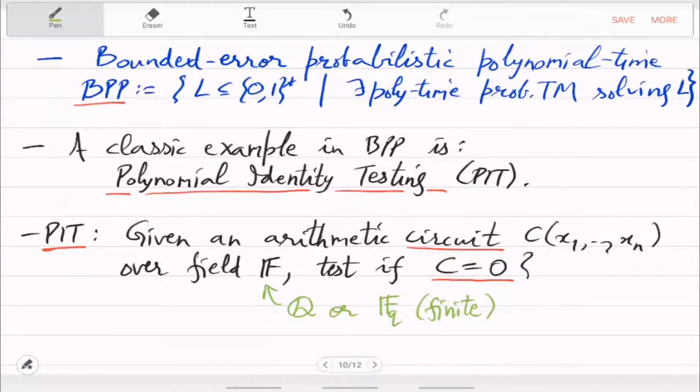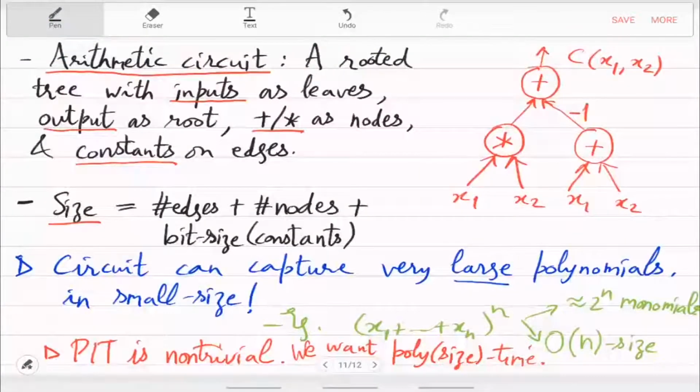So we defined arithmetic circuits and the size of a circuit. A circuit is a way to write down very complicated polynomials in a small way. It's a compact representation of difficult polynomials, which is why the problem of PIT, polynomial identity testing, is non-trivial.